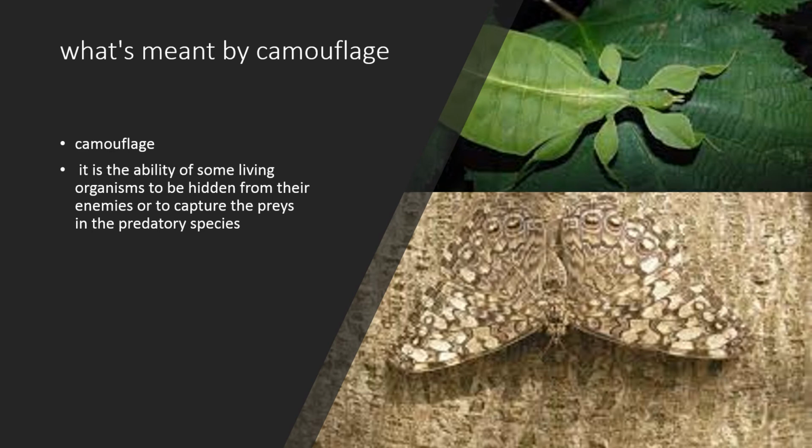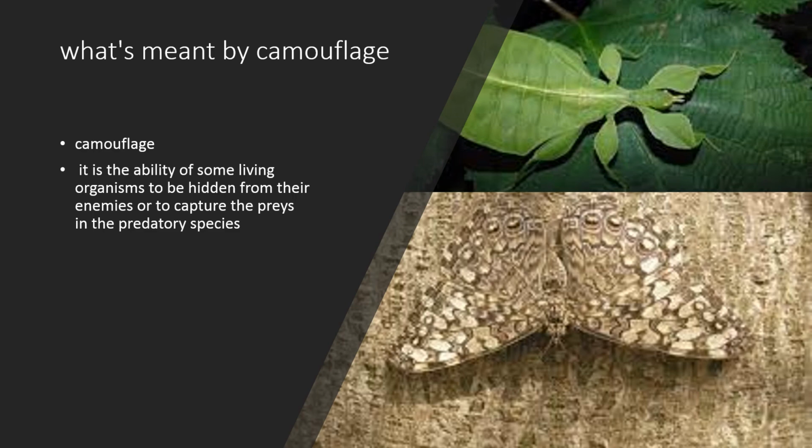This butterfly takes the same color as the wall. We have different examples of camouflage. It has two aims: first, to hide from enemies عشان تستخبى من الانيمالز بتاعتها, or to get their food, to capture their prey.